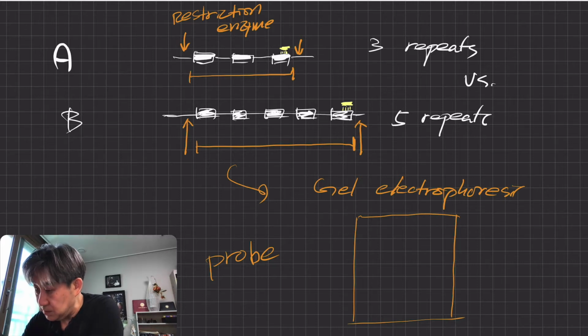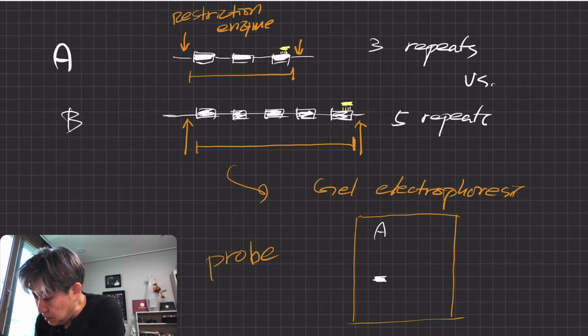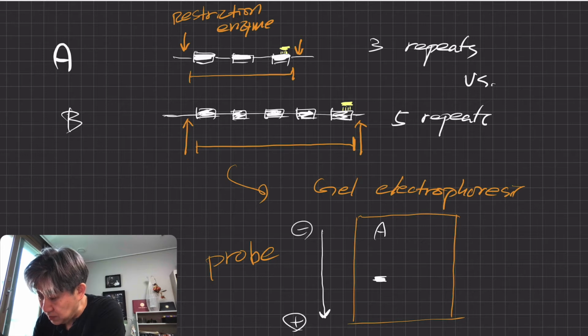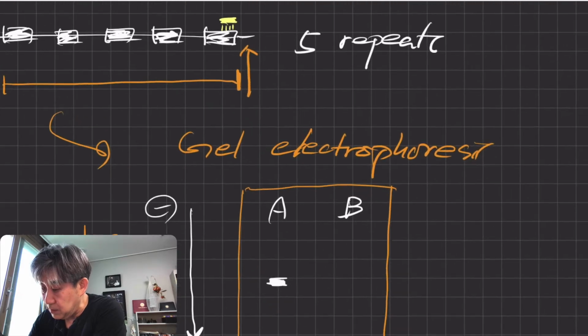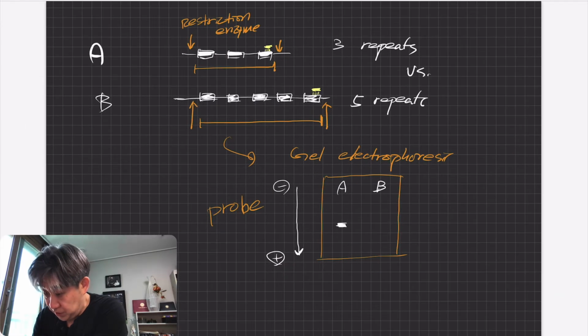So in the sample taken from individual A, the fragment size revealed by the probe interaction would be intermediate in size. So the gel will migrate toward this. This will be the positive and this will be the negative electric pole. But on the other hand, for individual B, this restriction enzyme cutting pattern would be larger.